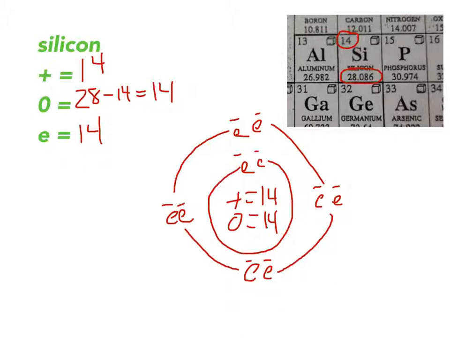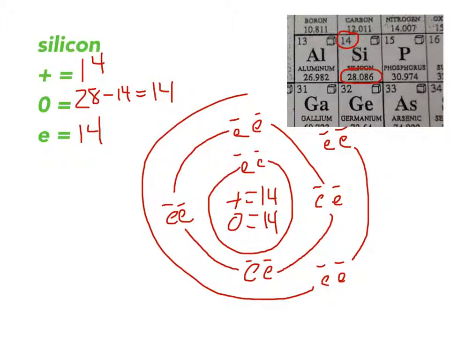So then we've got 2, 4, 6, 8, 10 electrons right now. So now we need 4 more in order to make the 14 that we need. So we'll put 1, 2, 3, 4, connect those as our third shell. And then that is a model of silicon.